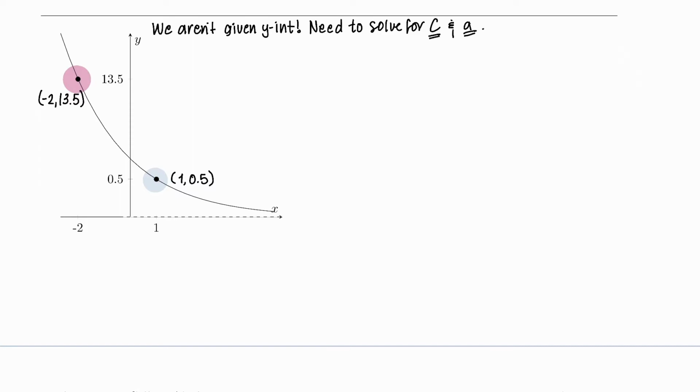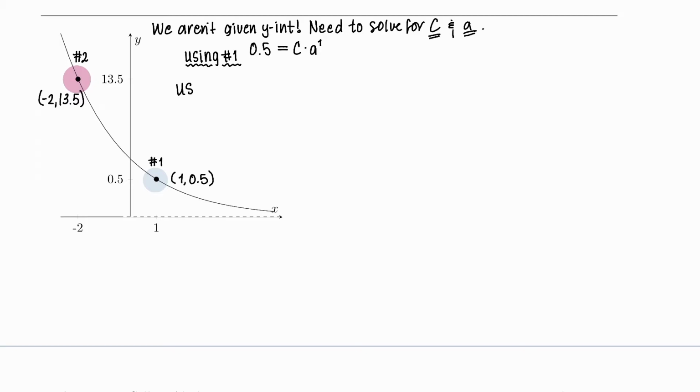Okay, so I'm going to label these points. Maybe I'll call this guy point number 2 and this guy point number 1. So if I use point number 1 and plug it into our usual equation, y equals c times a to the x, I get 0.5 is equal to c times a to the first.